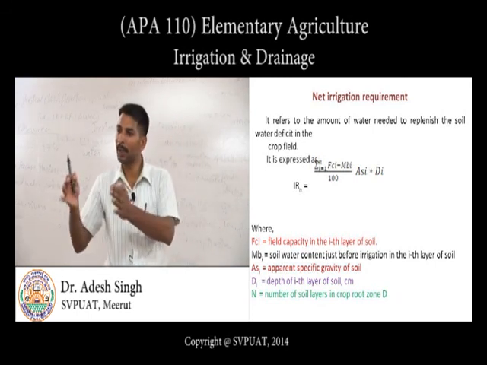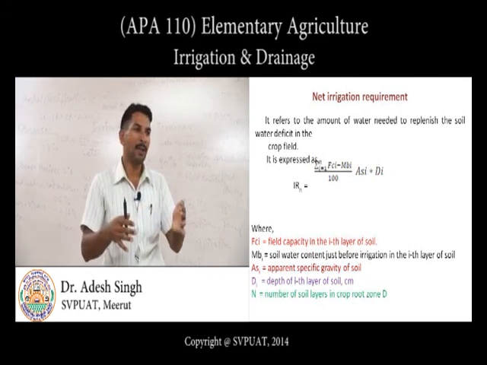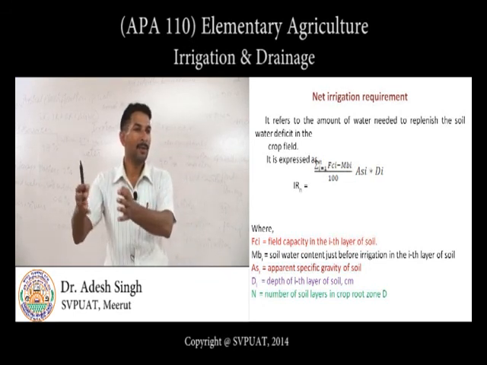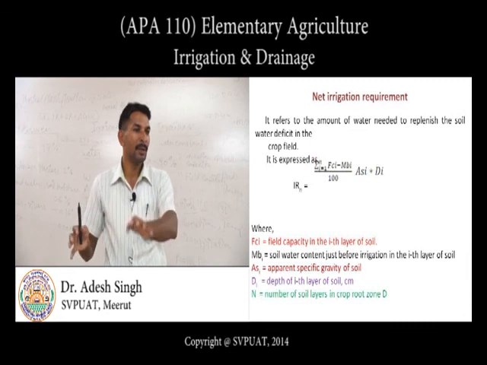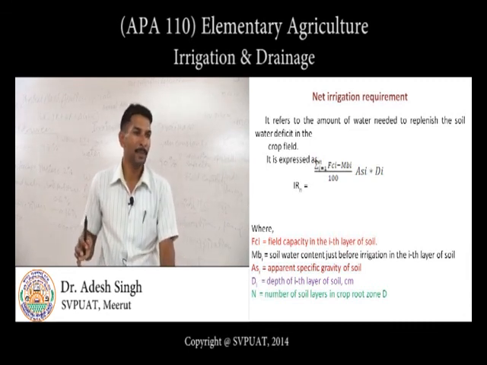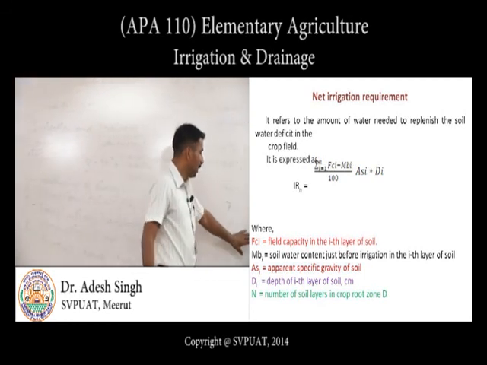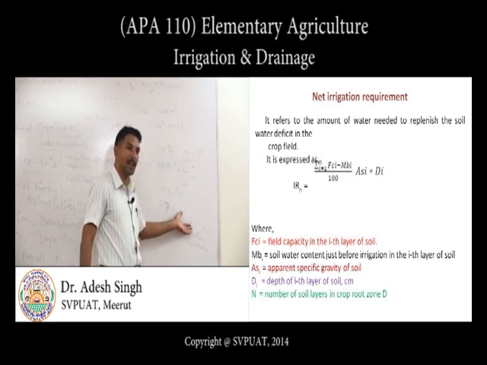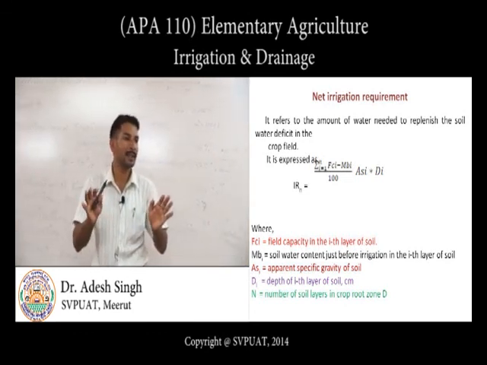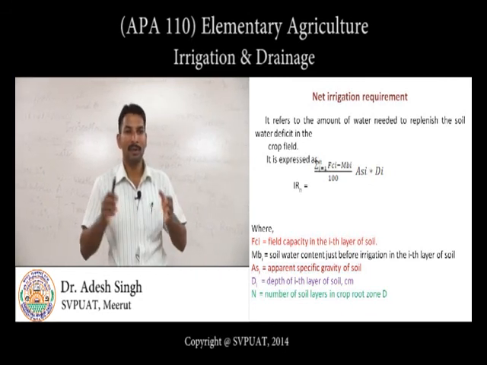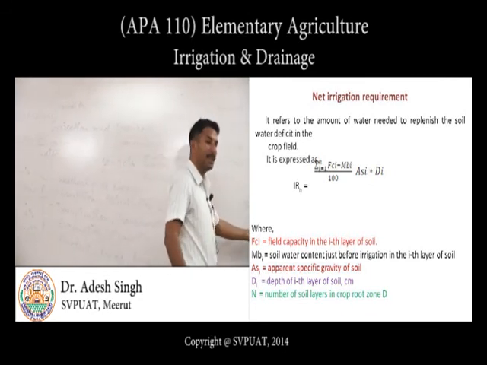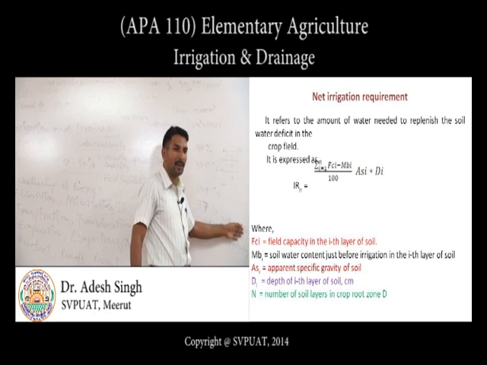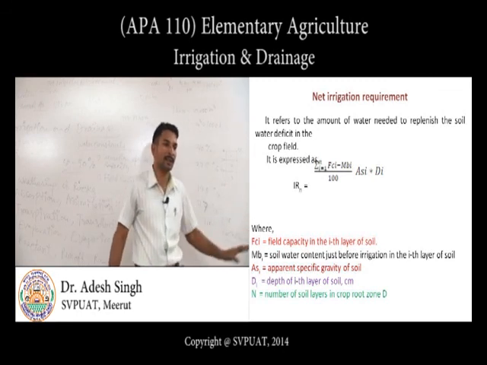If we want to apply this 400 millimeter of water, we need to apply more than 400 so that 400 can actually be received by the crop plants. So if the efficiency of the system is high, then the difference between gross irrigation requirement and net irrigation requirement is less. And if the system is not good, the efficiency is poor and the gross irrigation requirement is more as compared to the net irrigation requirement.